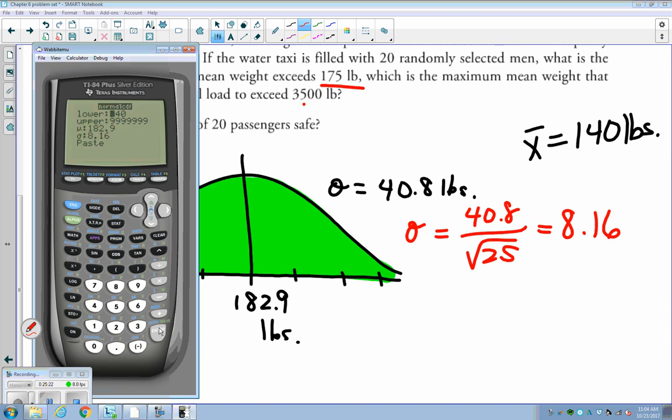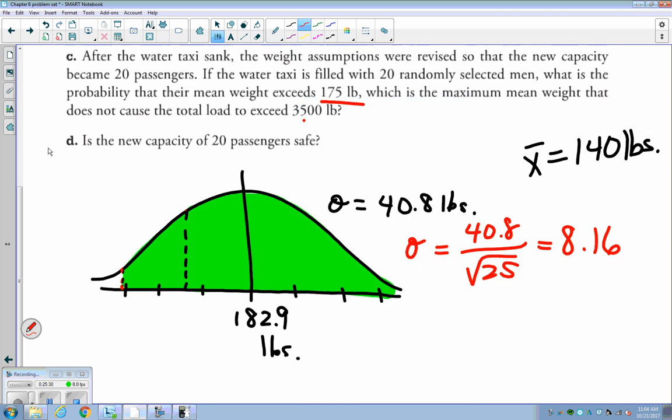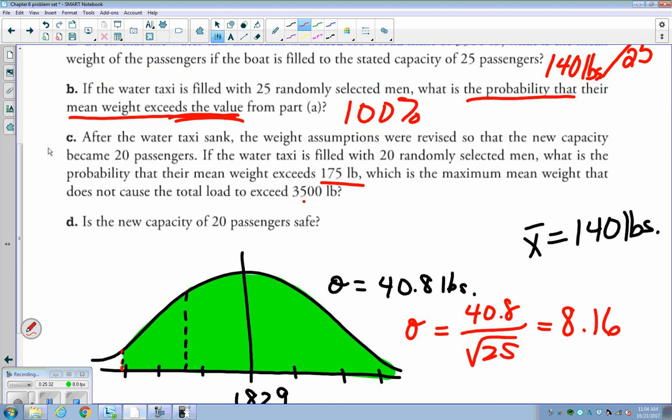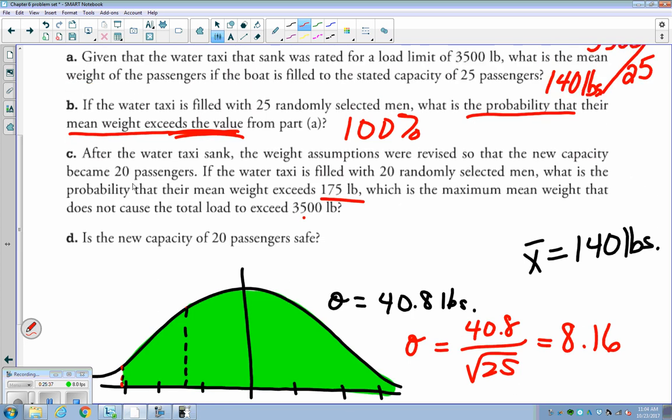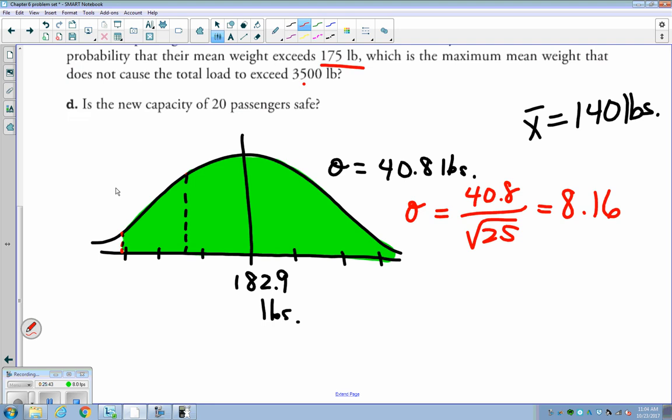What am I going to put as my lowest limit? Don't you have to change the population standard deviation, because you're only using 20 now instead of 25 passengers? Mm-hmm. We have to divide 40.8 by the square root of 20, which gives you 9.12 now. Good.